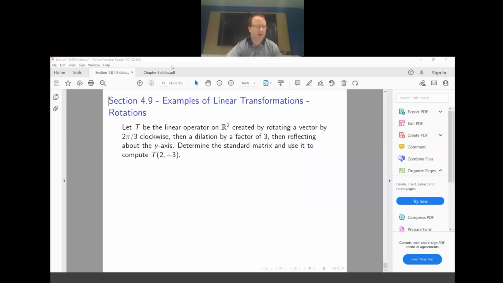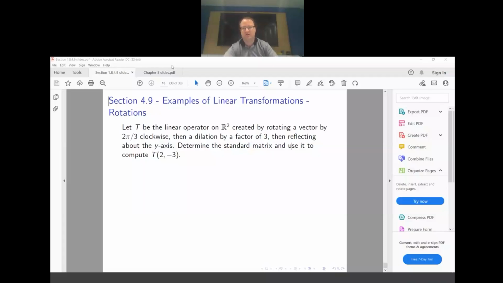So I guess maybe I should be more clear, because I was blurring the lines a little bit between 1.8 and 4.9. In terms of the difference between the two, 4.9 is when we started listing off the specific types of transformations. 1.8 is when we were doing transformations and operators in general and their properties.